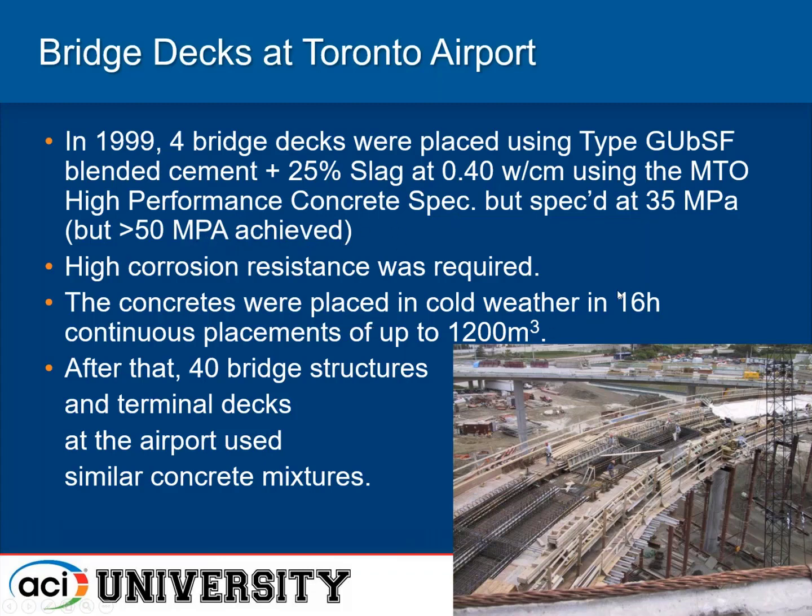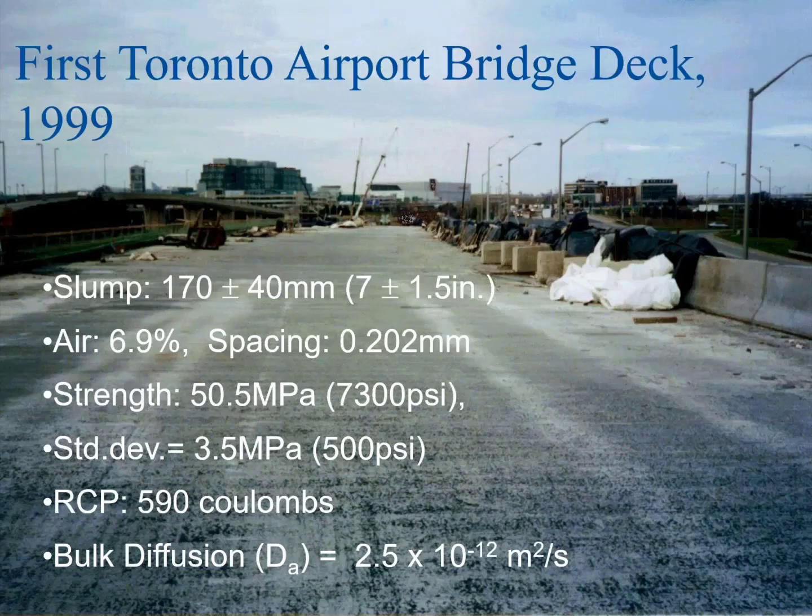They placed it in cold weather with large pours, 16-hour continuous placements on these long bridge segments, up to 1,200 cubic meters in a single pour. And it was so successful, they did all the 40 bridge structures, including the arrivals and departures decks, with slag concrete as well. And the parking garage as well. The huge parking garage was all built with slag cement.